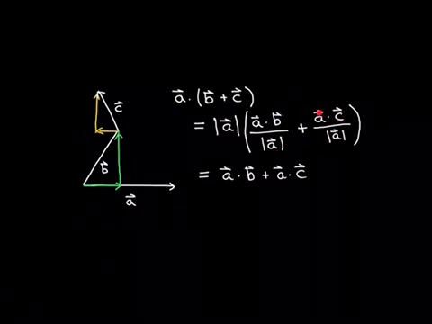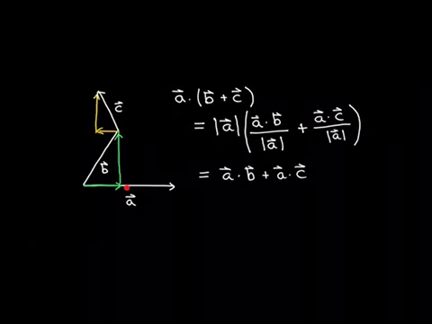Now, I've added in this bit here, and I want to convince you that this is right. We wanted the negative of the length of this line. When you dot product a with c and divide it by the length of vector a, that is going to give us the length of the component of vector c in the direction of vector a. But remember, when the component is anti-parallel to the initial vector a, the dot product is going to be negative anyway.